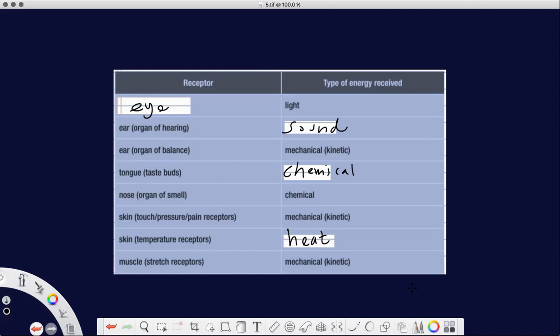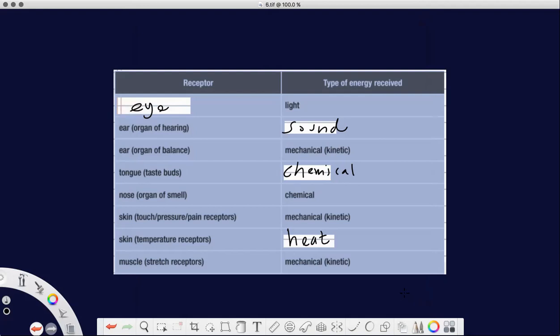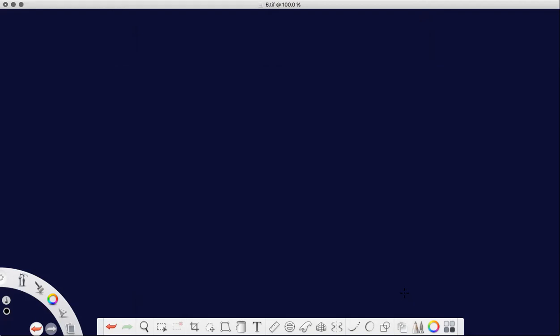Right, now when we're going to learn about the nervous system, the nervous system has a main unit. The main unit is the brain. The brain is also made out of neurons. Basically, the cell types are neurons and some supportive cells.